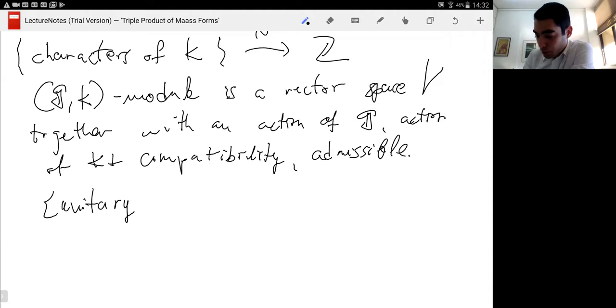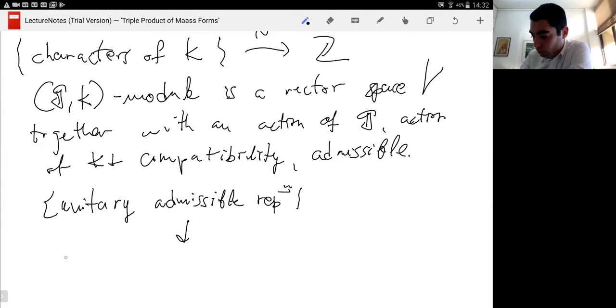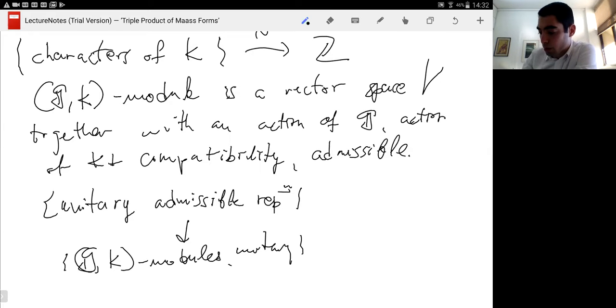If we restrict this assignment to only unitary admissible representations, sorry, we want G to act by unitary operators, then this is an equivalence of categories.